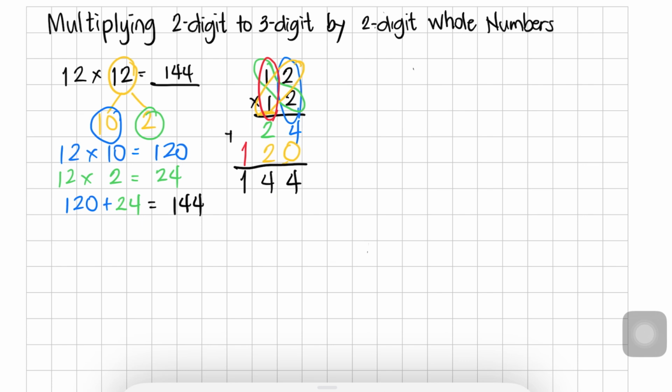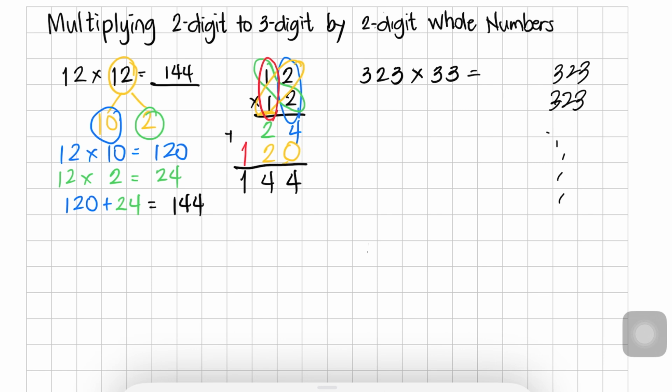Okay, so let's try a 3-digit number. So this time, let's do 323 times, let's say 33. I wouldn't be writing 323 here 33 times, because that would take me so long.